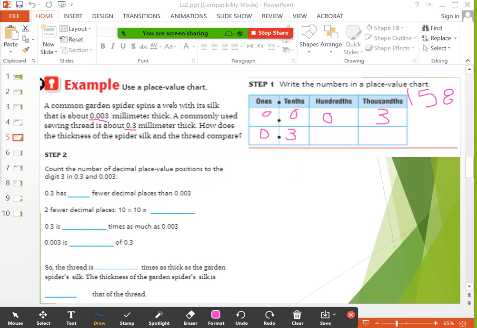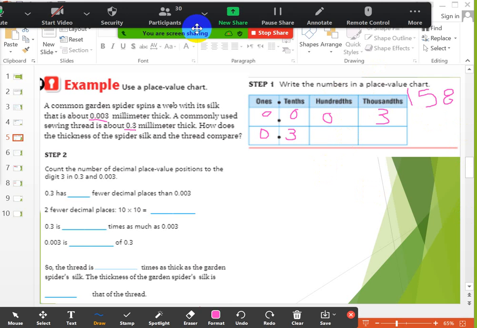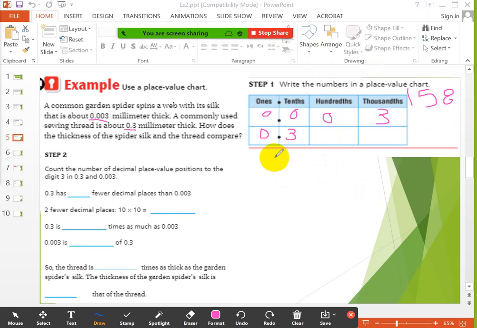So which 3 has the fewer decimal places, you think, sorry? Which one has the fewer decimal places?